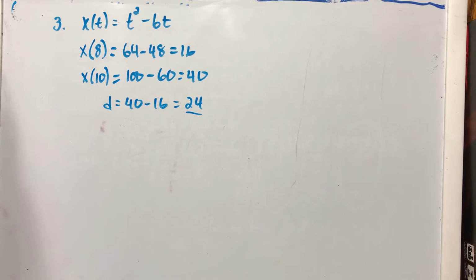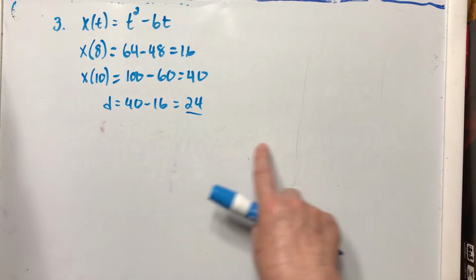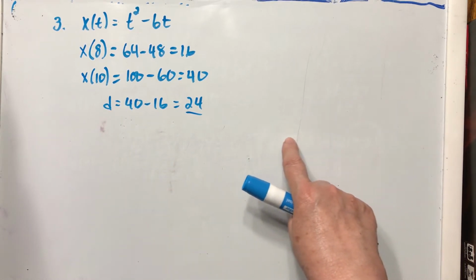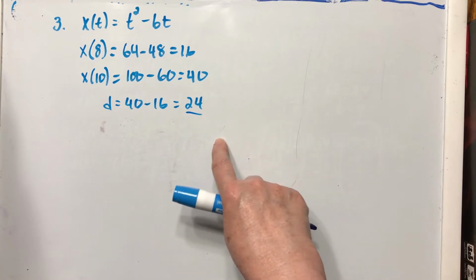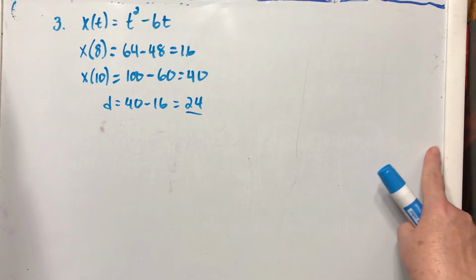Now there's actually something we have to see first. Before we know that it's actually traveled that far, this particle could have, at 8 seconds, be at the 16, but then it might reverse its direction until it hits 9 seconds and then go again to 10 seconds and end up at 40.